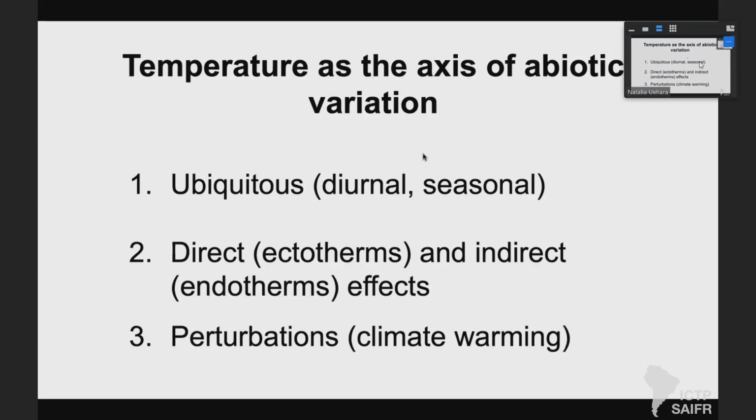And also, it's very important for us to understand how perturbations to the organism's typical thermal environment due to climate warming affect their ecological dynamics, and that gives us a basis for predicting how organisms will respond to current levels of warming, and also use that ecological knowledge to then predict how they may adapt to future warming, okay?